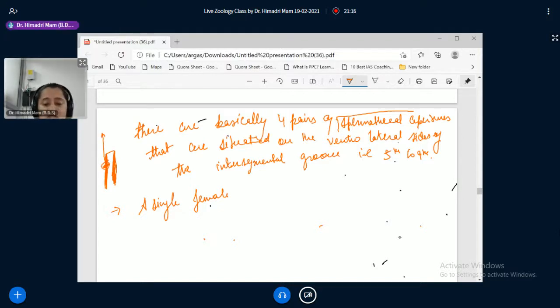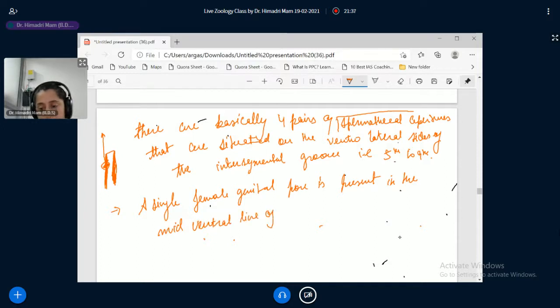Right, everybody? Now, a single female genital pore is present in the midventral line of the 14th segment. Right.